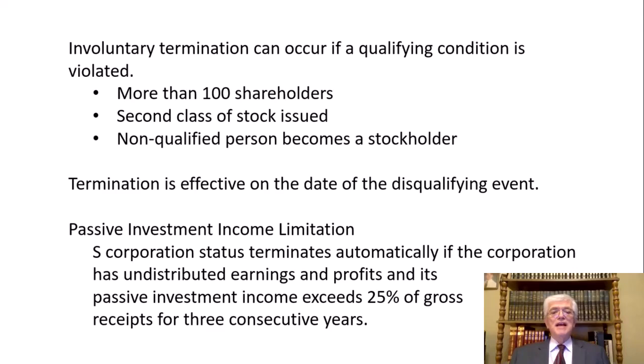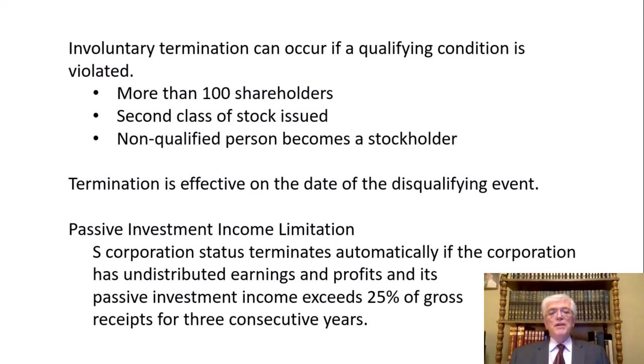The point of this is that corporations are supposed to be business entities. If you have passive investment income from stocks and bonds and that whole thing, you can have a little of it, but if you have more than 25% of your gross receipts, then you have excess passive investment income. That's supposed to be held by individuals, not corporations. And so they say, no, no, no. If you're going to do that, then don't be a corporation.